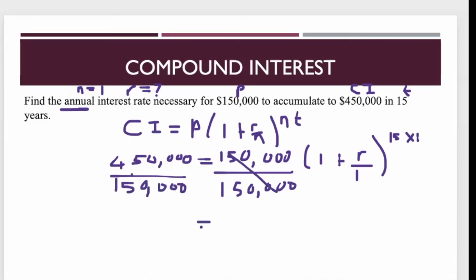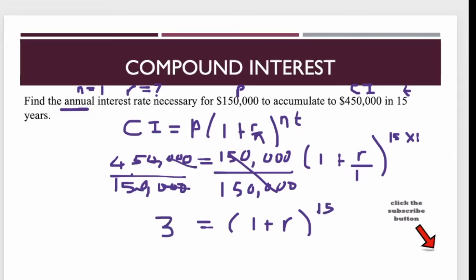On my left, I am going to have 1 plus R over 1, which is the same thing as R. 15 times 1, that's 15. Now the zeros cancel, and I know that 45 divided by 15 will give me 3.